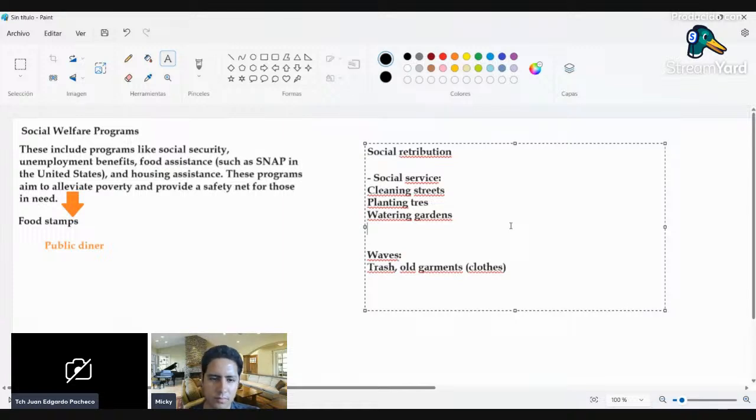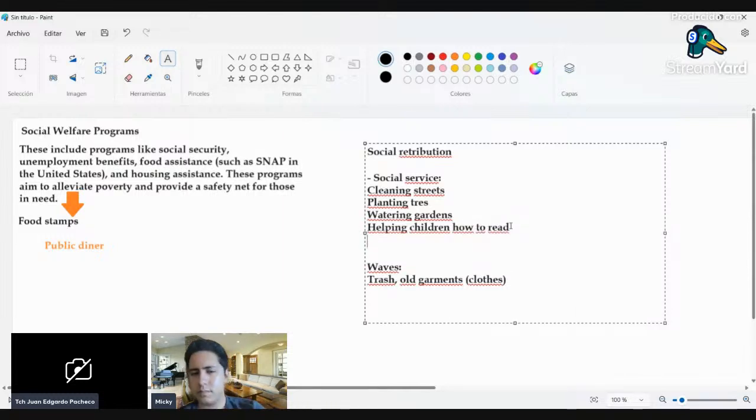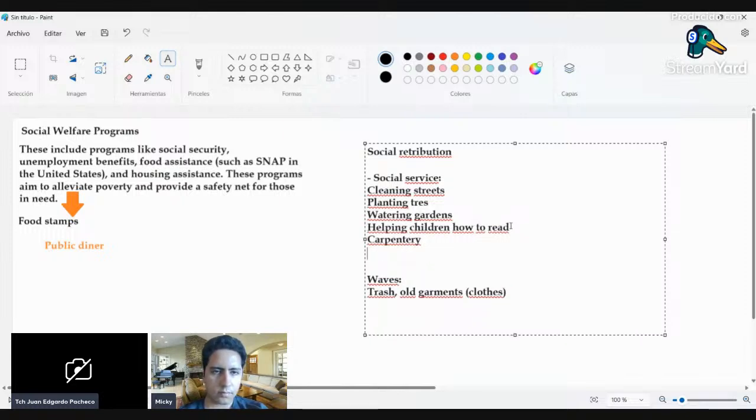So maybe helping children to read, or learn other things. Maybe teaching them some works of carpentry. I would say there is a place called IECA, which I think we've talked about.